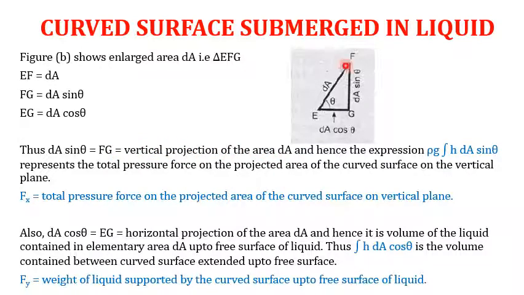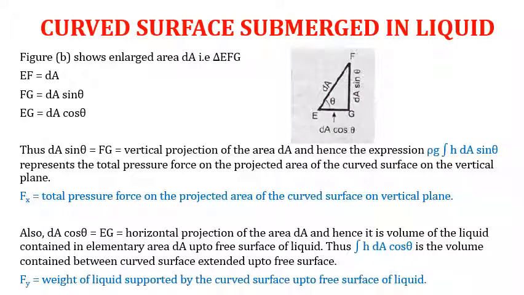If you consider this inclined surface to be vertical, it will be the dA sine theta component, and hence the expression rho g integral h dA sine theta represents the total pressure force on the projected area of the curved surface on the vertical plane. So this means that if we compute the total pressure force on this dA sine theta component, that is the vertical projection of this curved surface, we will get the horizontal component of the total pressure force.